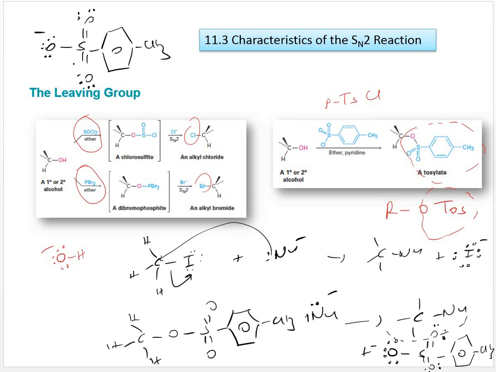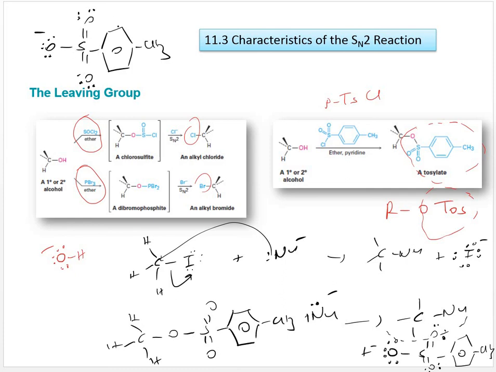Why is it a very stable anion? If you look here, we can write the negative charge on this oxygen, or by resonance we can write the negative charge on this oxygen or on this oxygen. So basically we have 3 resonance forms for this anion, and this negative charge is delocalized over 3 oxygens, and this makes this anion unusually stable.